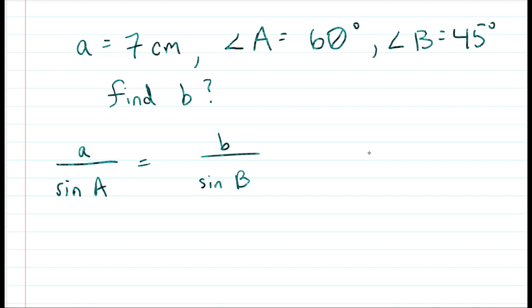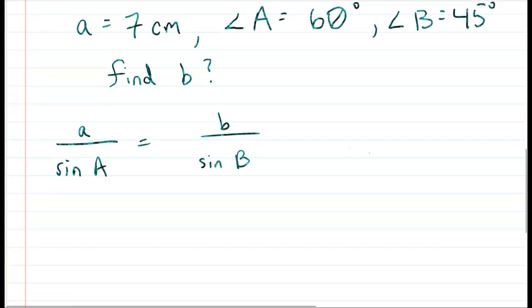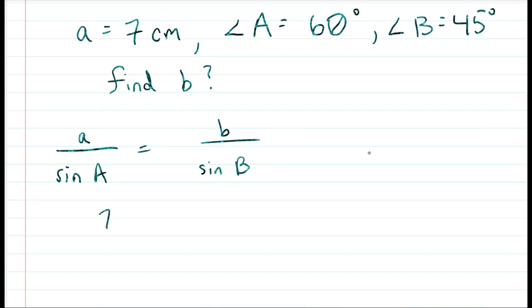All right, so now substituting in the values that we do know. 7 over sine of A, which was 60 degrees, equals B, the unknown, what we're looking for, over sine of B, which is 45 degrees.